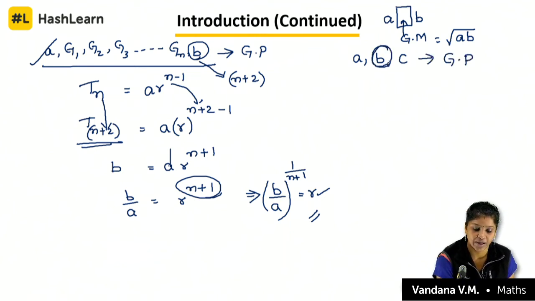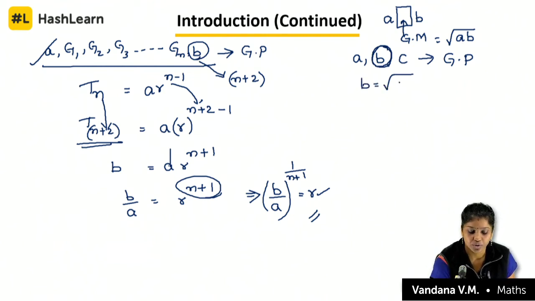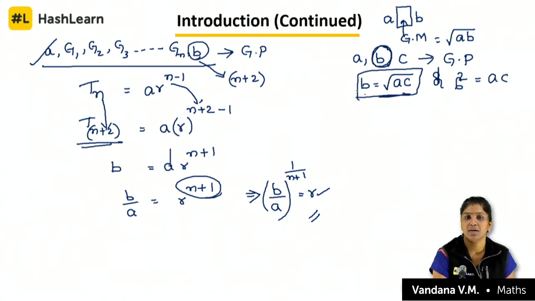The middle term we call the geometric mean. So the geometric mean B is equal to root AC, or squaring on both sides, the root will vanish, and B square is equal to AC. This is the condition for geometric progression.